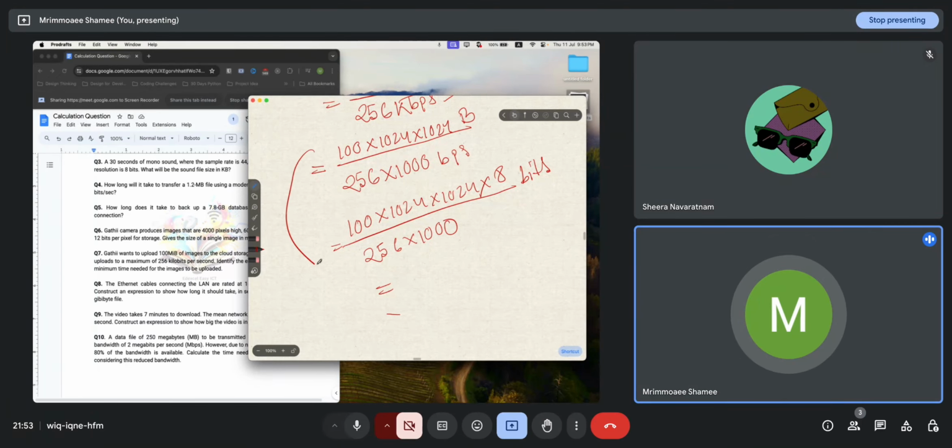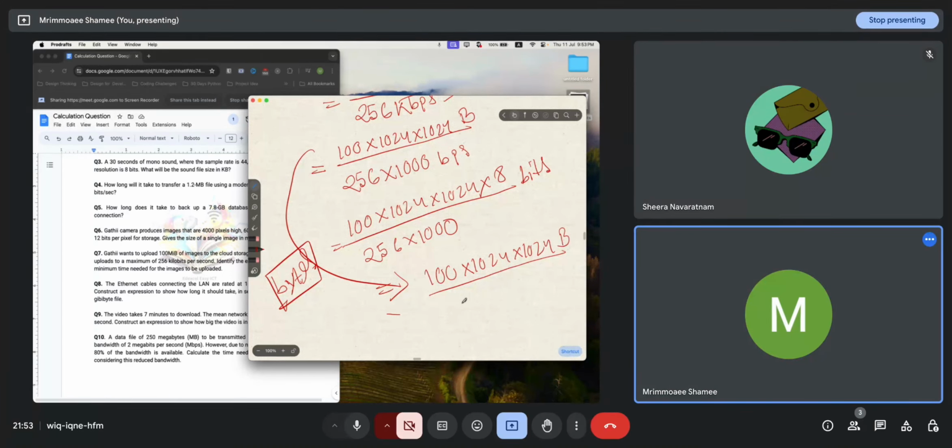So for that, if we need to shift it in byte only, 100 into 1024 into 1024, because this one is already in byte, so we won't do anything with this. But this one is in bits, so 256 into 1000 bits need to convert to bytes. So for that reason it will be divided by 8. Now it has become byte. So this one can be the other answer.